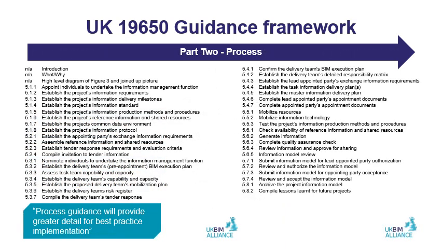So the second part of guidance being produced under the framework will cover process. It will cover the information management process during the delivery phase of assets from 19650 Part 2, as you can see by all the sections listed, which fall under Chapter 5 in that part of the standard. So this guidance really is greater detail and should help the reader for best practice implementation against all of those items.